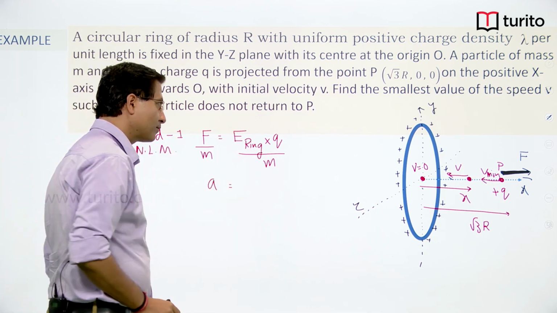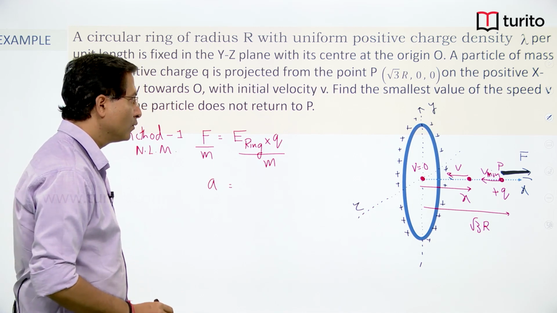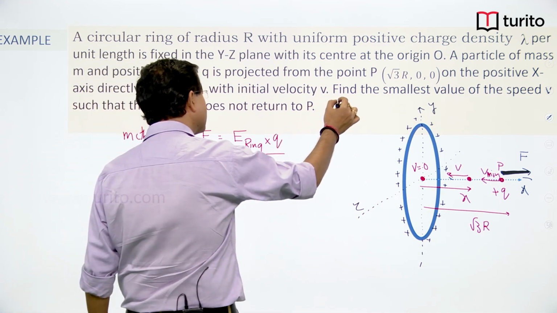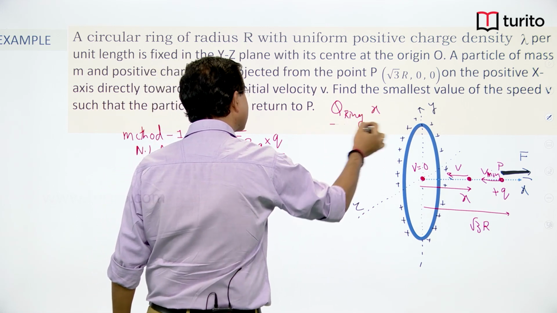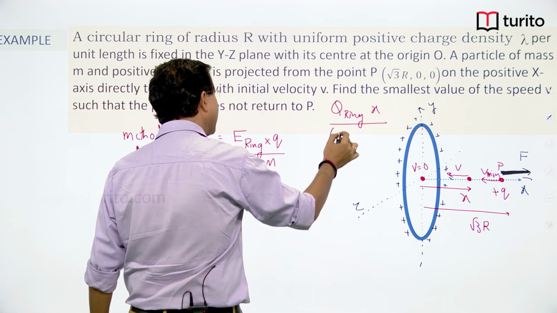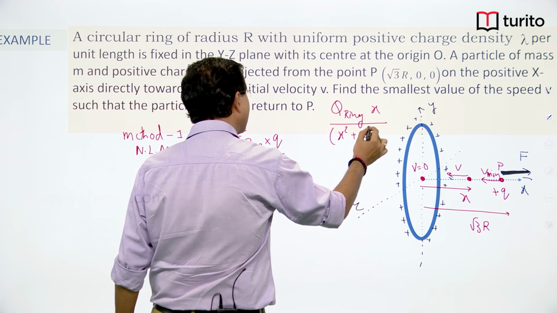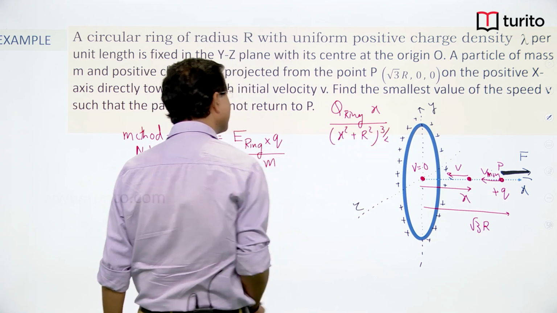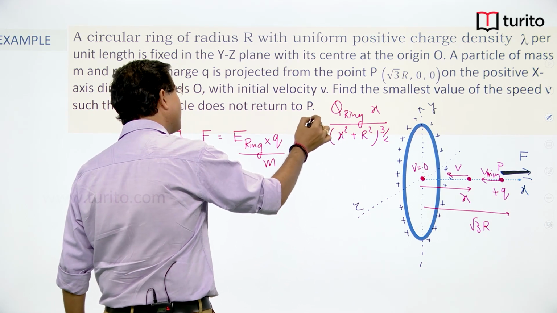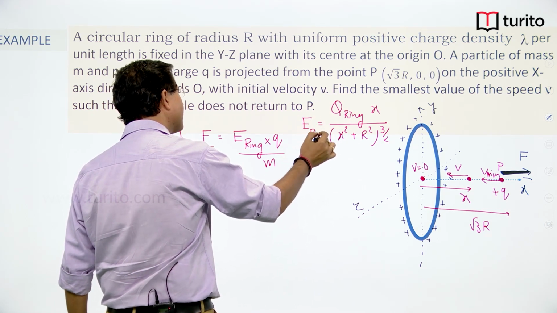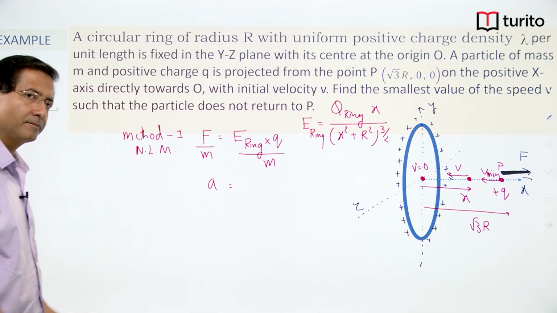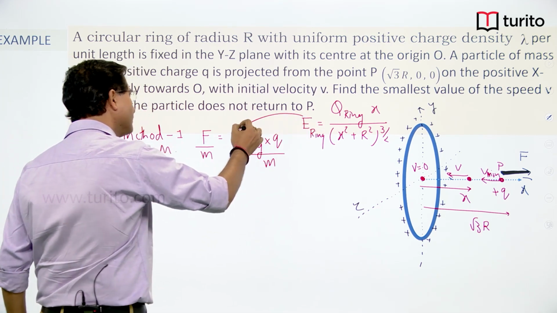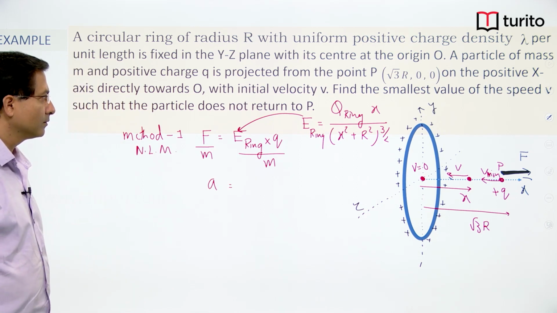The field by the ring is the charge on the ring into x divided by x square plus r square to the power 3 by 2. This was the formula for the field due to a ring. So I can substitute this here.